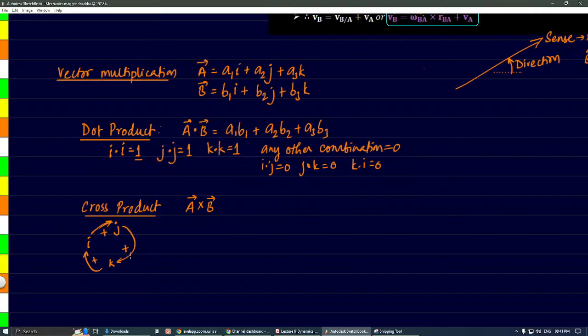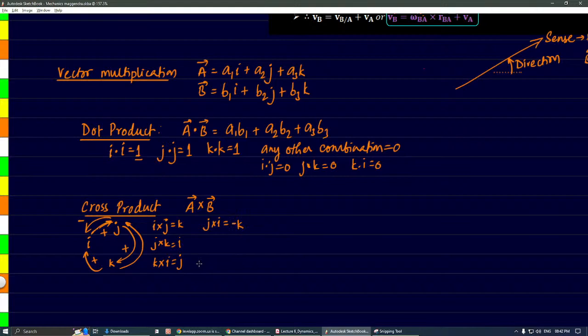But if you move in anti-clockwise direction, as in J cross I, it is negative K.